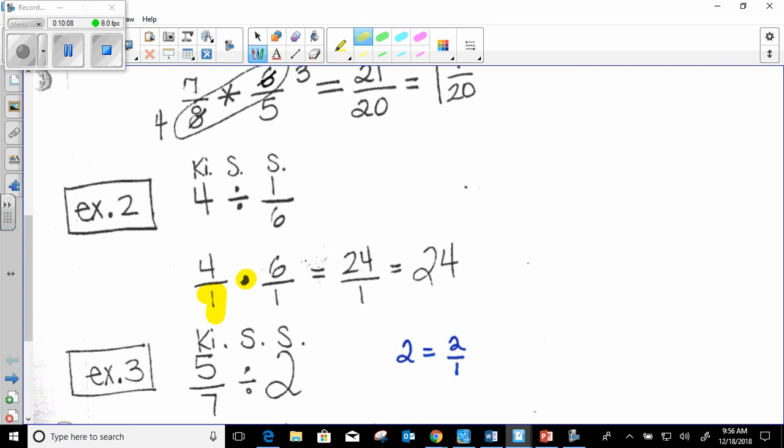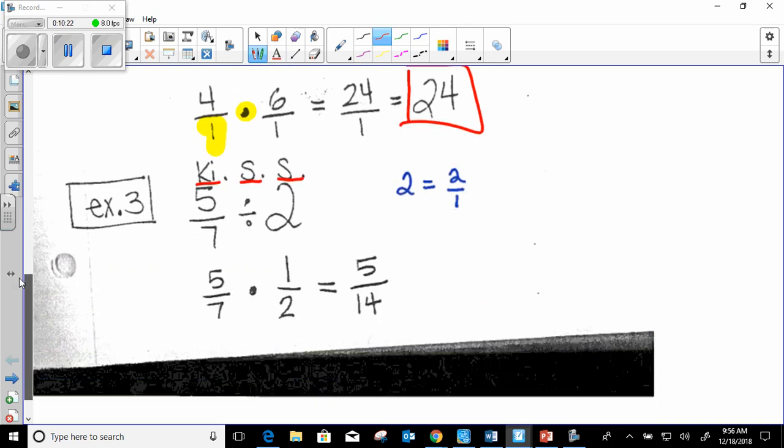Becomes 24 over 1, which equals 24. Okay? You could think of it as KISS. Keep it, switch, switch. And this is only for division. Okay? I've given you several examples to look at, and you could try these in your notebook. Pause the video when you need to.